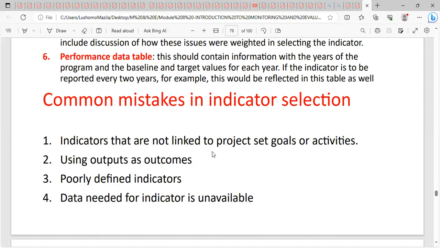We are talking about improvement of the data management system, and then you get an indicator to do with fertility. Does that link? Is that connected? No, it's not. It doesn't even make sense. So make sure that the indicators you are selecting link to the goals and activities of that particular project. Is that clear?